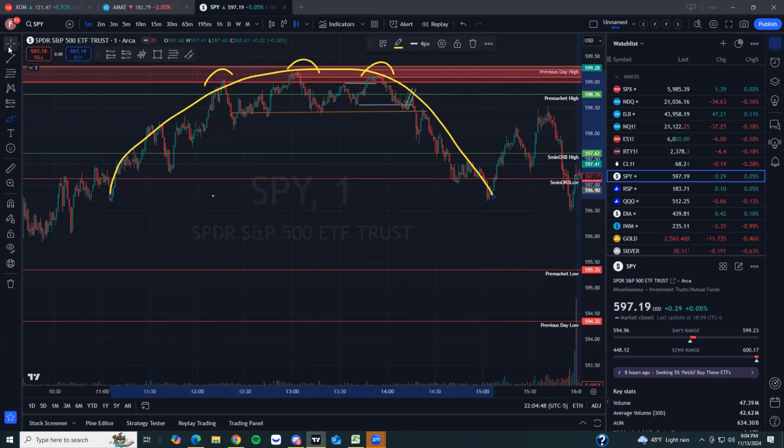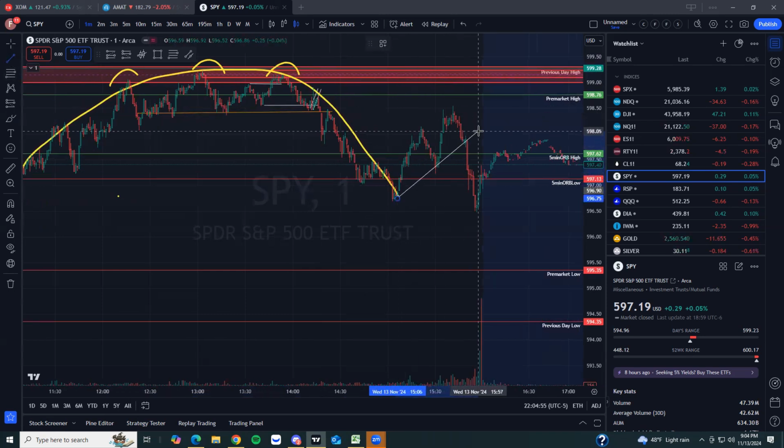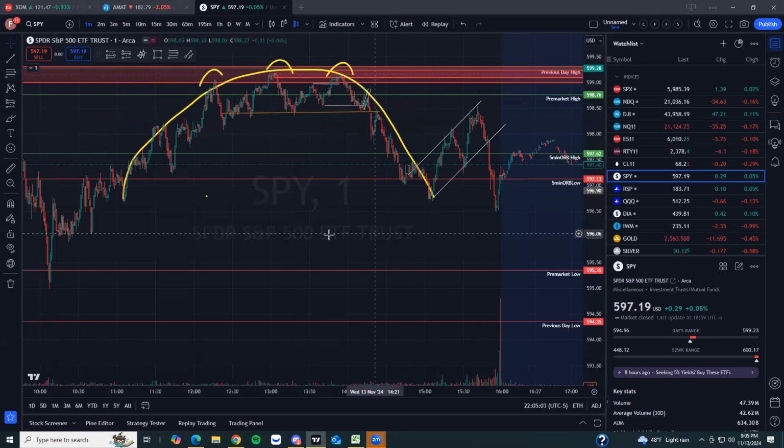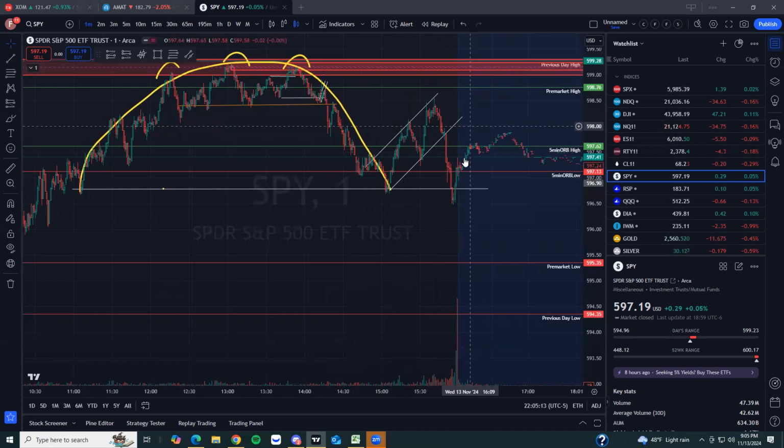I have a cup right there, right? There's my handle. I have an inverse cup and handle right here. This would be the neckline, really, to go down further, but they ended here. We kind of ran out of runway, so to speak.